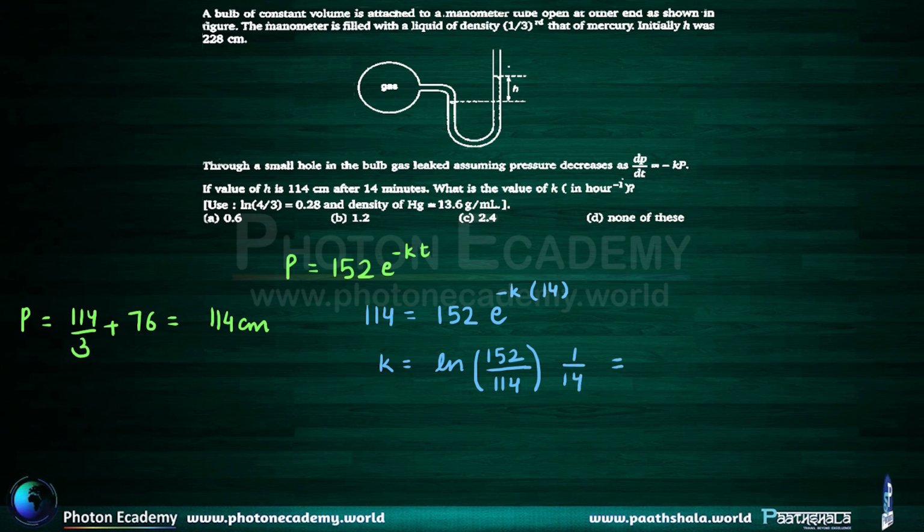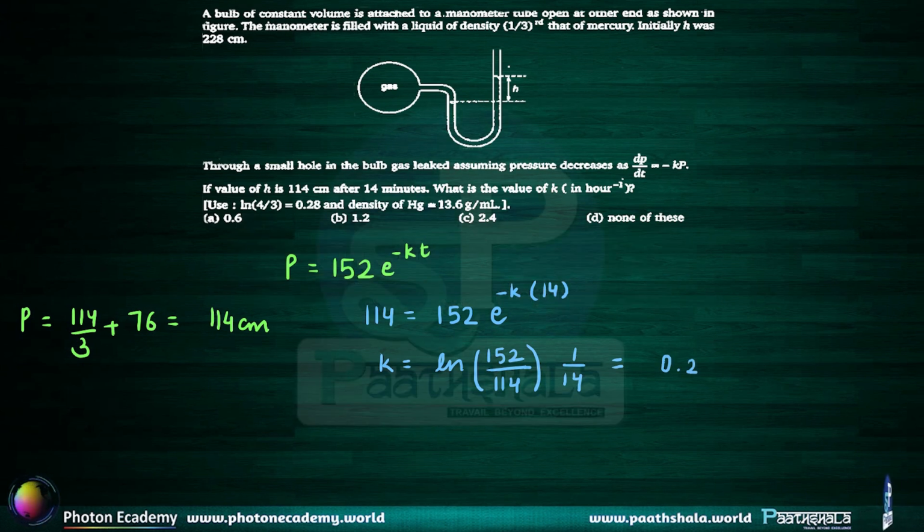So this turns out to be 0.28, because this basically turns out to be 4 by 3. When you calculate it, you'll find it. And into 1 by 14, right? So this is basically 0.02.